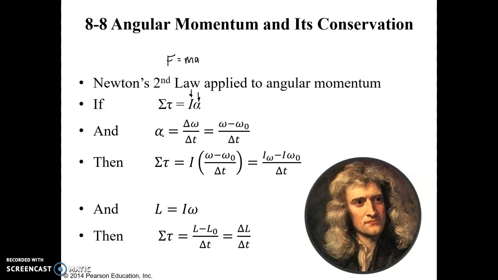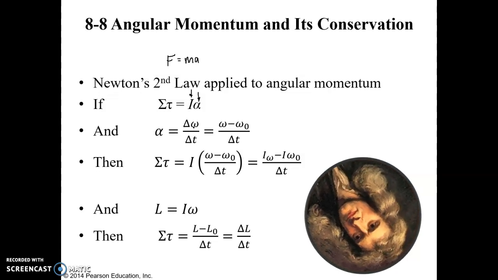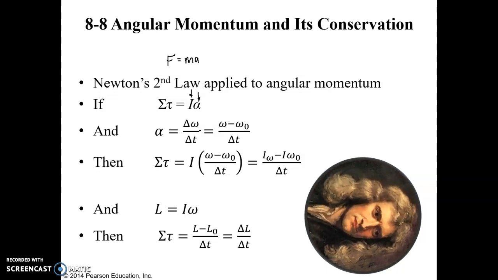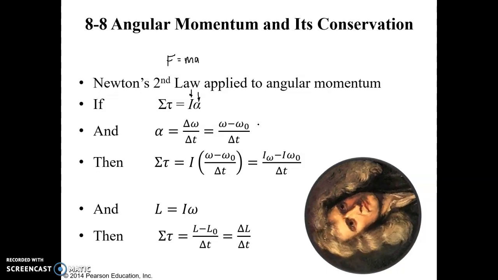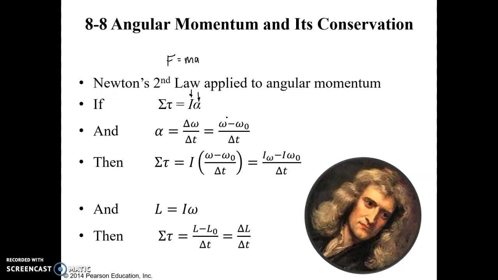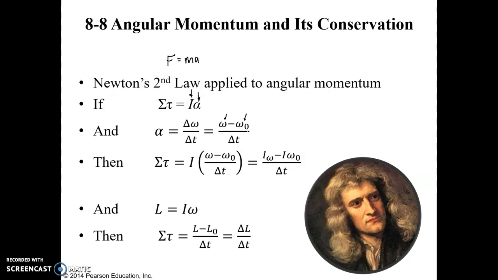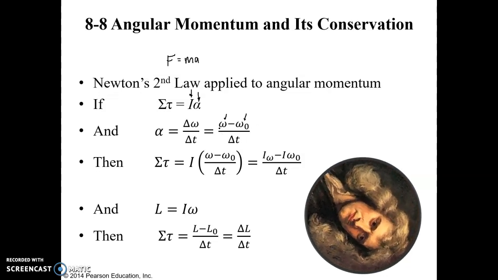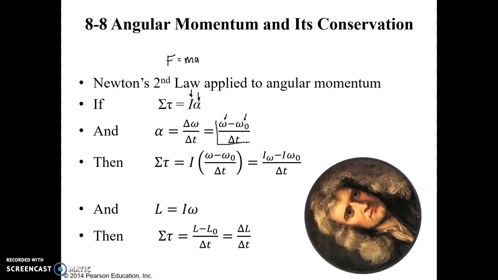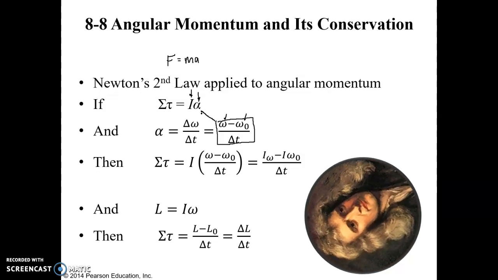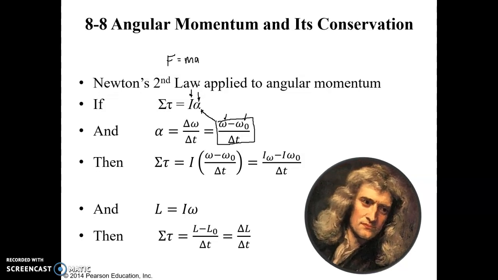Angular acceleration's definition is the change in angular velocity with respect to time, and we can rewrite the change in angular velocity as omega minus omega naught. So we can take this term, which is equal to alpha, and substitute it into this equation for alpha.